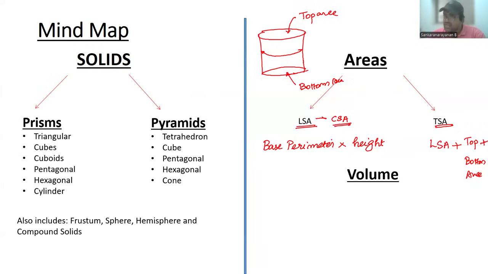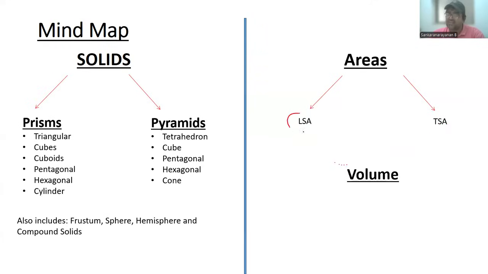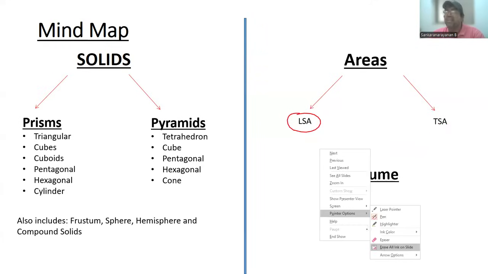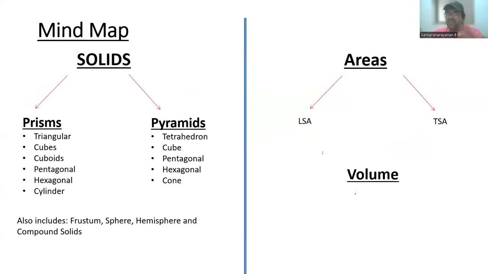So, in a nutshell, if you consider lateral surface area, you can easily calculate it using the formula, the base perimeter into height. And total surface area is nothing but the lateral surface area plus the top and the bottom areas. If you remember this, the calculation of LSA and TSA will become very easy for you.